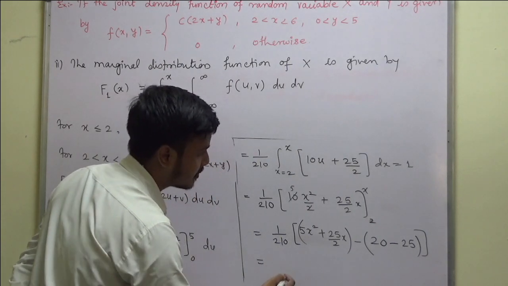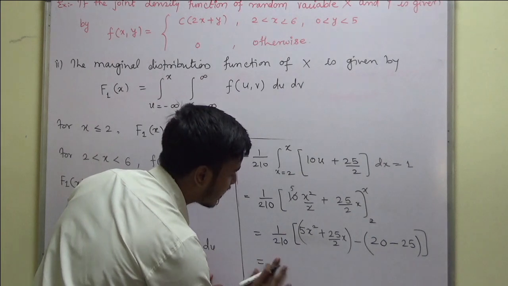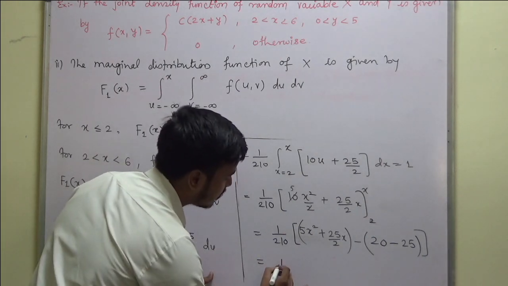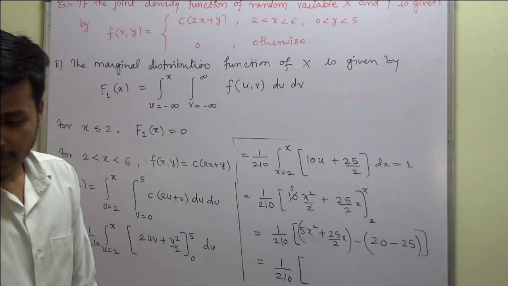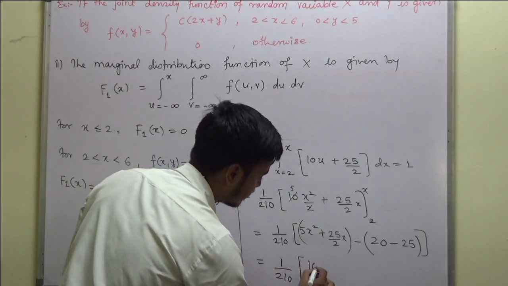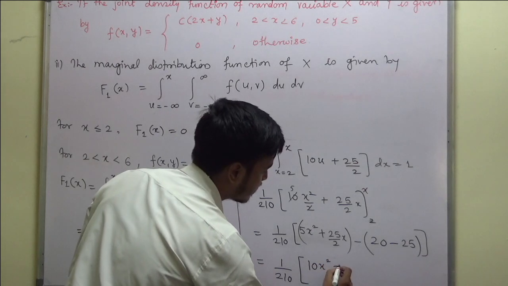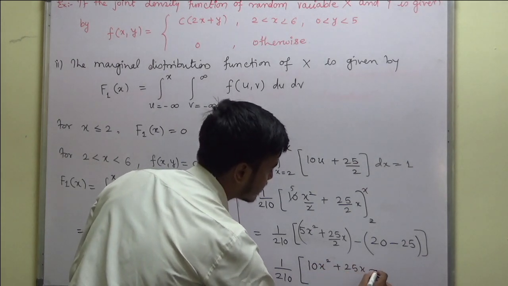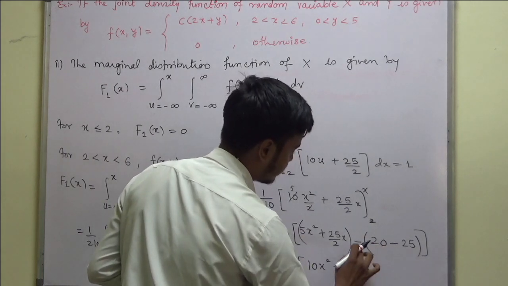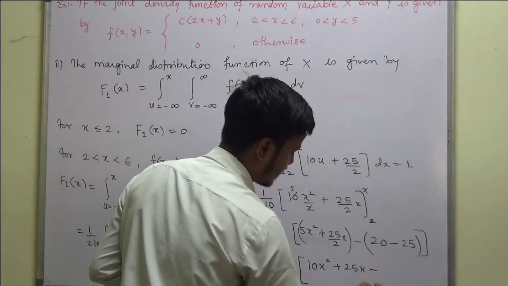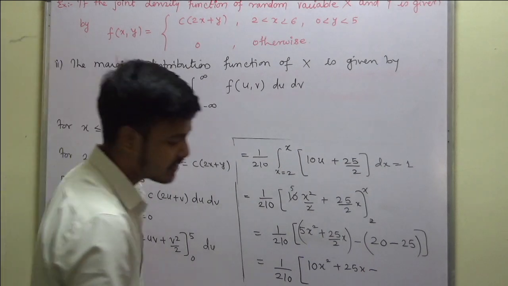Let me write down the final answer: 1 upon 210 into 10x square plus 25x minus 90. Correct.